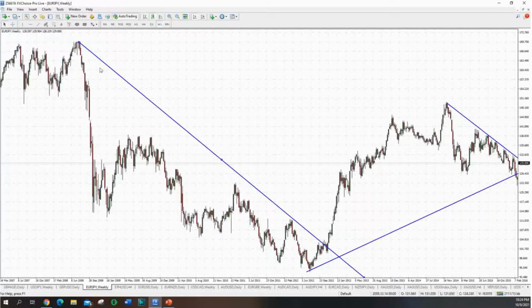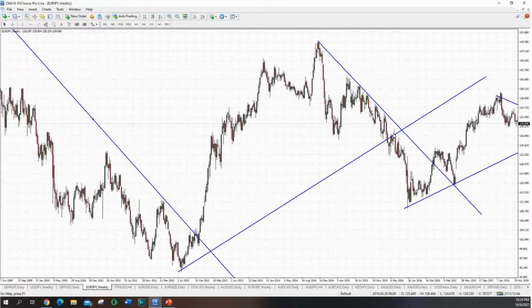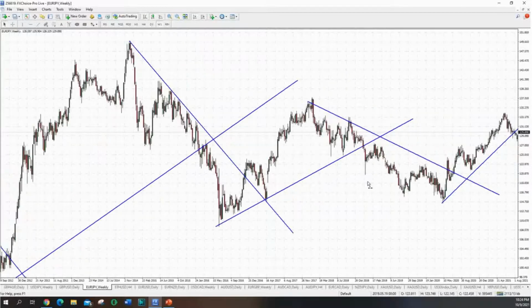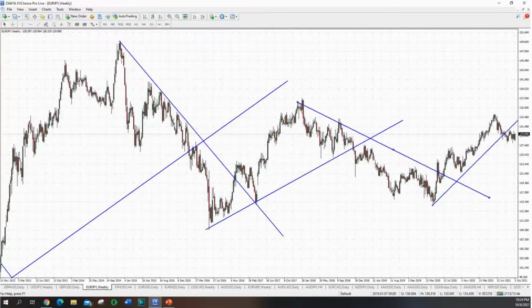So the market was trending lower, broke this trend line here, and then started moving up, came back, broke this trend line, was moving lower, and then broke this downtrend, and then started moving up, following this trend line, and then broke to the downside. The market was trending lower. Let me correct this one here.